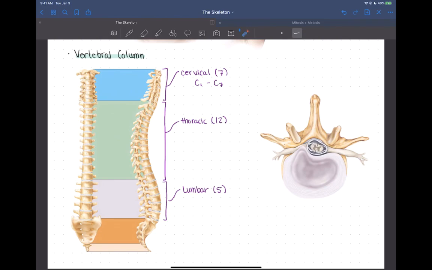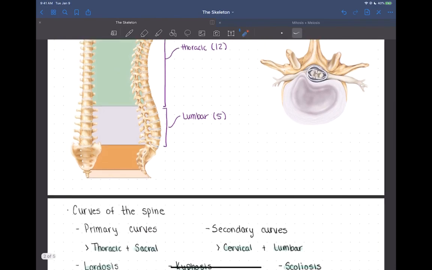If we look down here with our lumbar, L5, our last lumbar vertebra, is going to articulate with this kind of curved bone here. This is the sacrum, so let's label it sacrum.